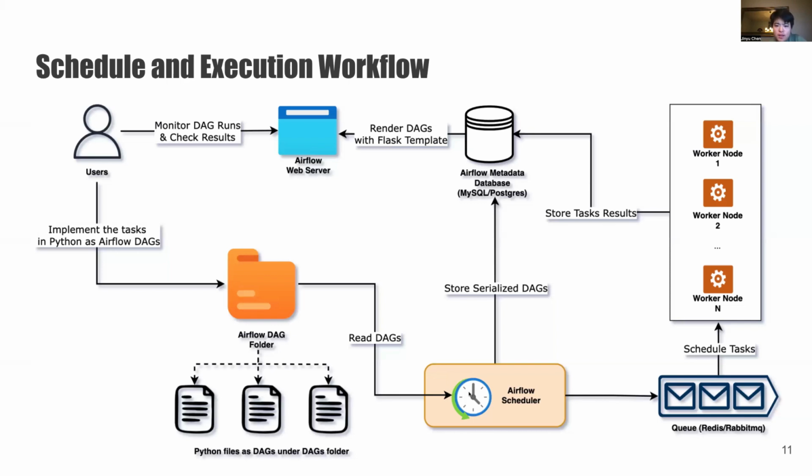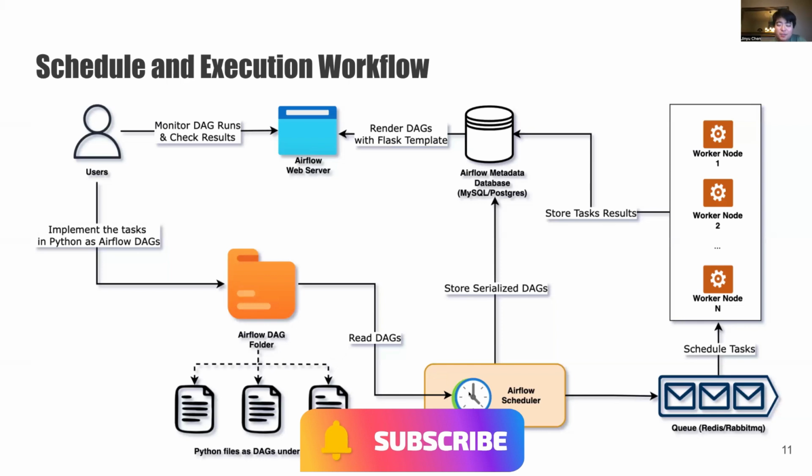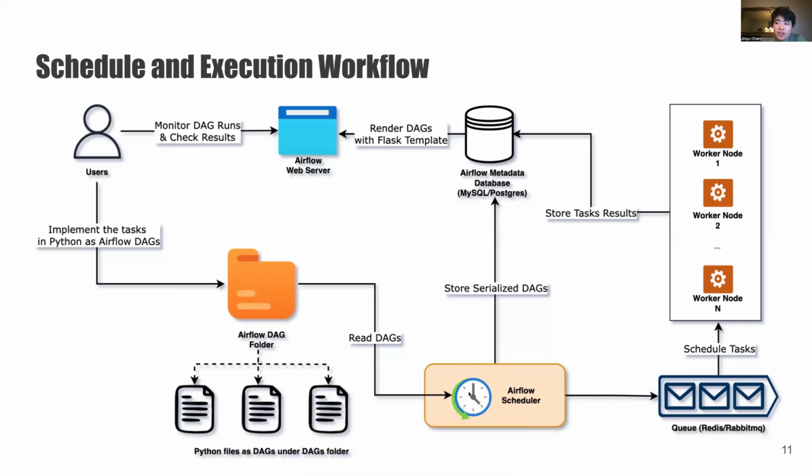Once it gets them, it serializes the DAG information into the database. Regarding what serialization is, please subscribe; you'll need to know more about the data, what serialization and modularization are. Once the database has stored the DAG information, the Airflow scheduler comes into place.